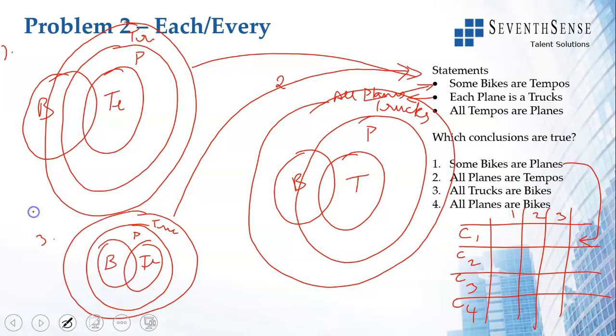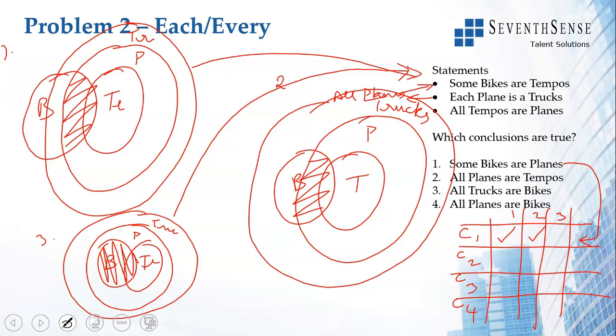Let us see whether these conclusions hold. Some bikes are planes. If you see here, this portion of bikes is plane. So this conclusion is true in the first diagram. Some bikes are planes is true in the second diagram also. You might say, hey, not some, all bikes are planes.